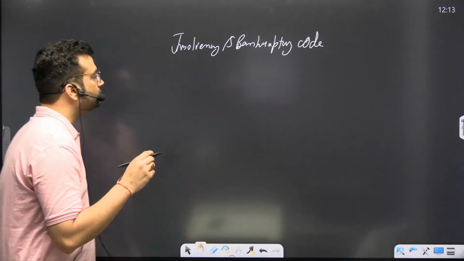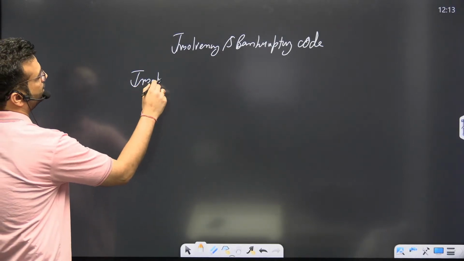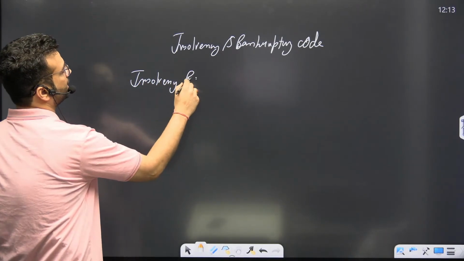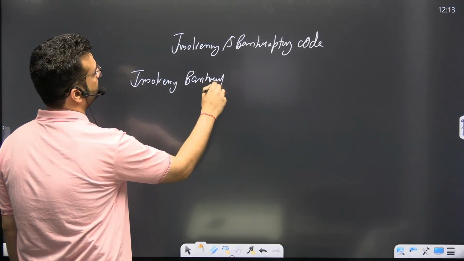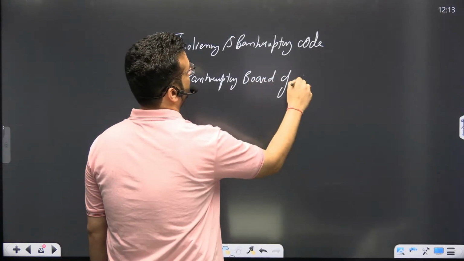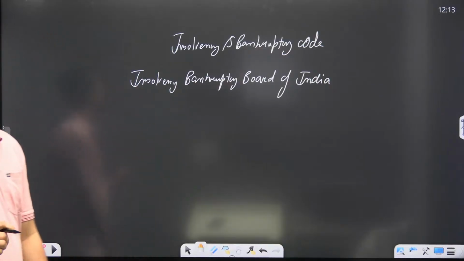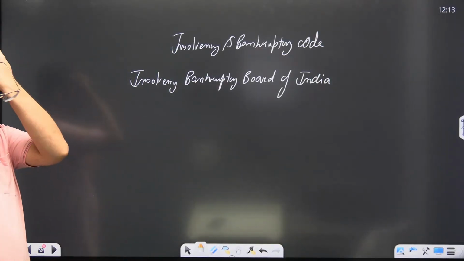Now, there are two types of things. First of all, it is run by the Insolvency and Bankruptcy Board of India. This is the apex organization for the insolvency and bankruptcy code.